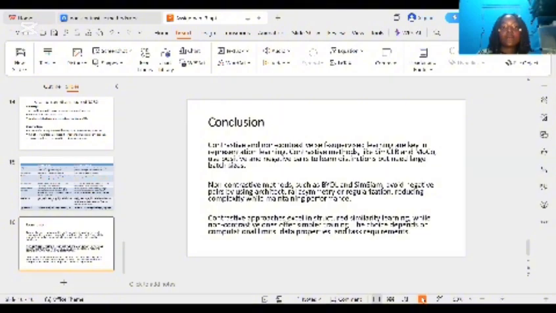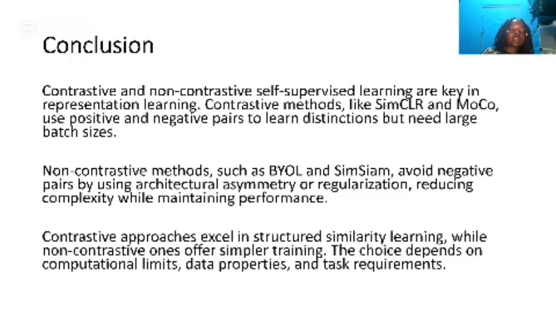So let me conclude. In this whole presentation, we've talked about contrastive self-supervised learning and also non-contrastive self-supervised learning. We said that contrastive and non-contrastive self-supervised learning are key in representation learning, but then we have contrastive methods like SimCLR and MoCo. Those use positive and negative pairs to learn distinctions, and need large batch sizes.